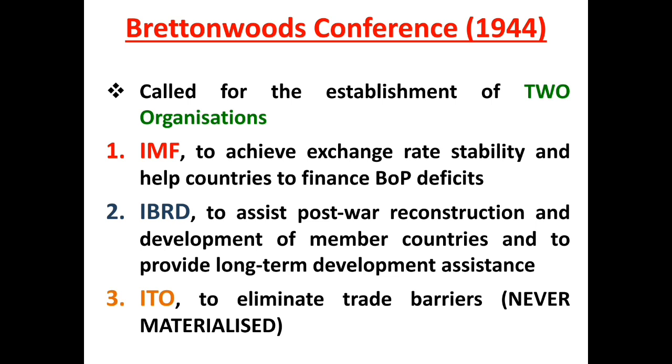The other, the International Bank for Reconstruction and Development, to assist post-war reconstruction and development of member countries and to provide long-term development assistance. The Bretton Woods Conference also called for the establishment of the International Trade Organization, ITO, but it never materialized. We will have another video on the Bretton Woods institutions like the IMF and IBRD.